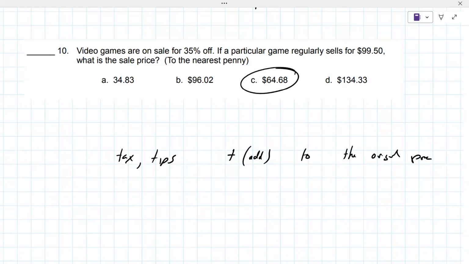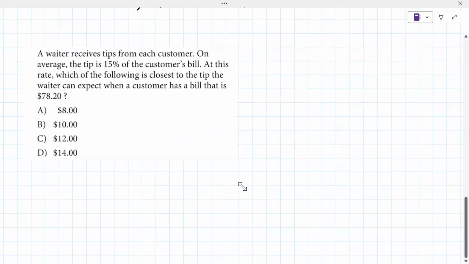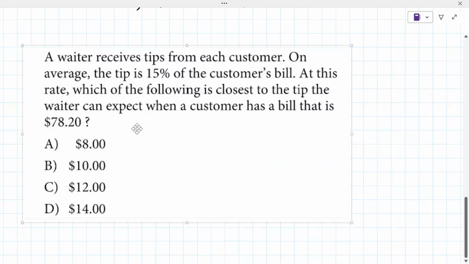I think I've got a few of these here that are actually SAT questions. So in this problem, you have to decide if they're asking for, like we kind of talked about, the tip or the tax or the new price that you would pay.